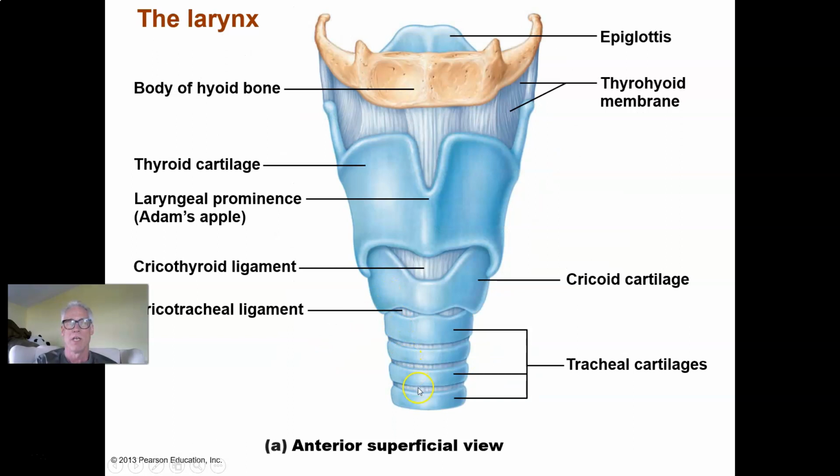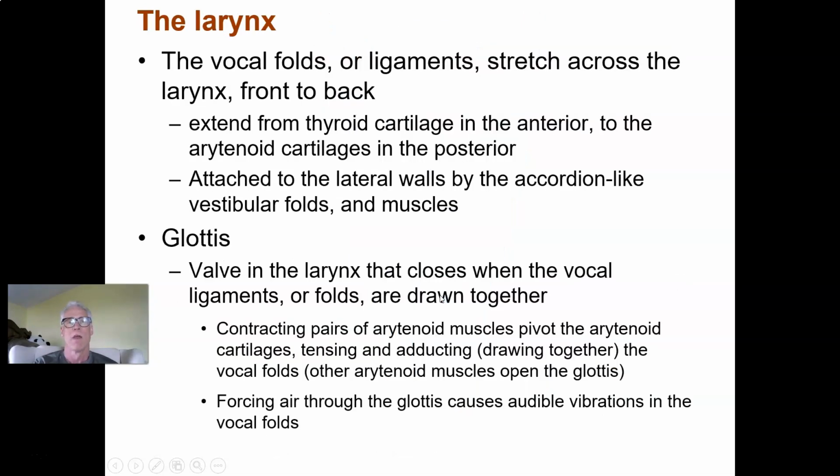So these C rings keep the airways open. Only tiny differences in pressure drive the flow of air in and out of the airways, the respiratory system, and so we need to keep the resistance very, very low in there. So the larynx consists of this box in which the vocal cords or vocal folds are located.